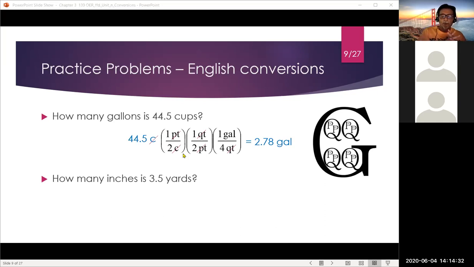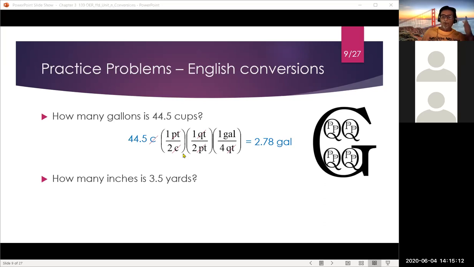Okay. Now one question I have a lot is, well, can I not combine all of these factors in the center to make one factor to get me directly from cups to gallons? Sure you can. I put them out separately here, but anybody know how many cups are there in 1 gallon based on what you see up there? Anybody want to take a guess? Don't take a guess. Look at the factors that I put up on the slide.